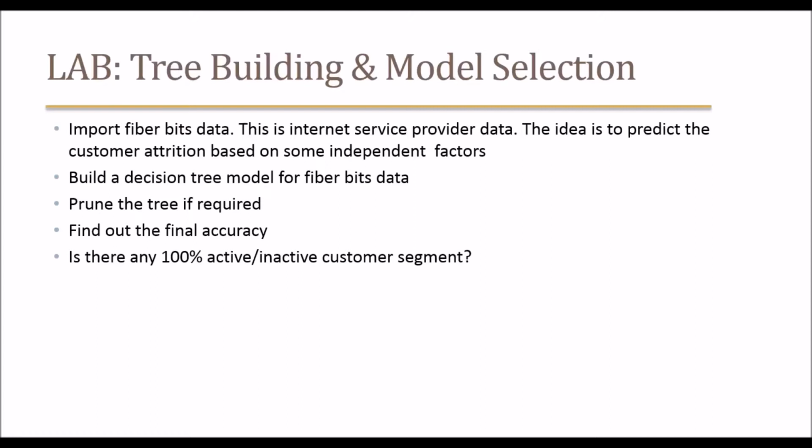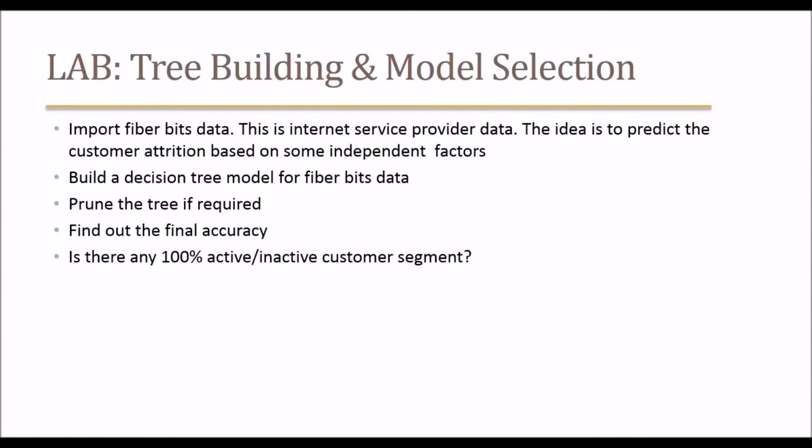So to classify these customers as attrited or non-attrited, we need to build a decision tree model. We have to prune it if it is required. We have to do the final accuracy and validation statistics. We also need to identify whether there are any 100% active or inactive customer segments.